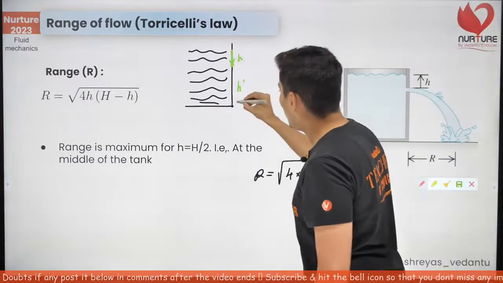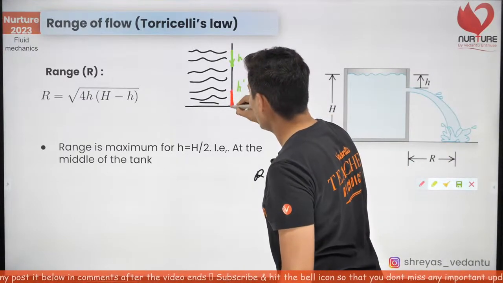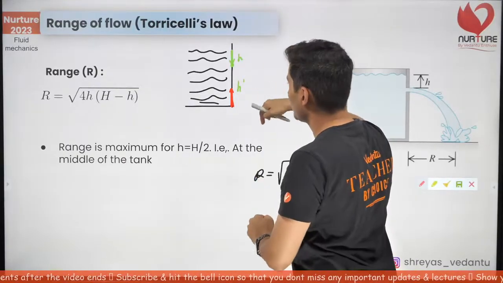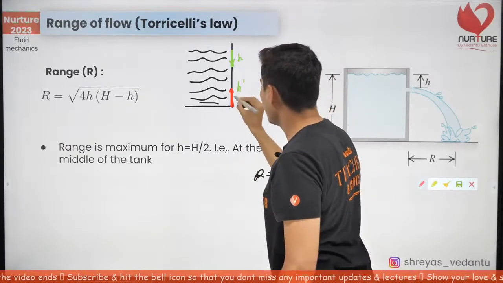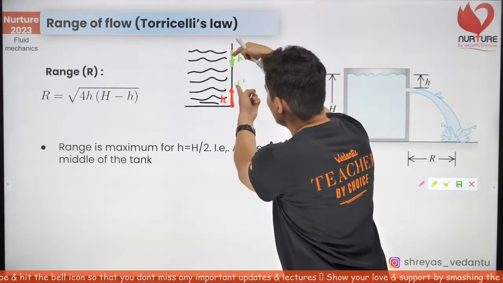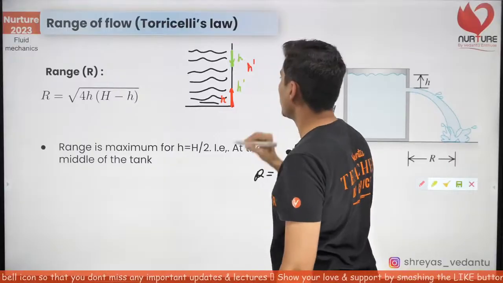Imagine from the bottom, I drill a hole at the same height as the depth below the water. So whatever this height is, at the same height I drill a hole over here. Now this will become H and this will become H prime.